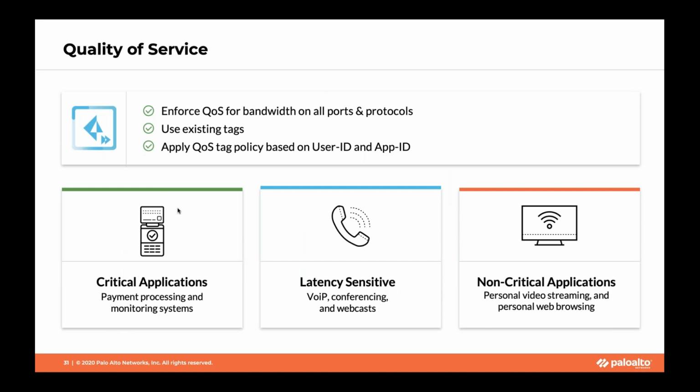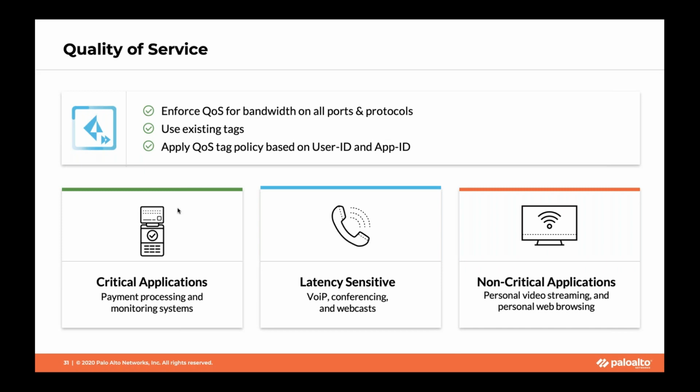Of course, we also have full inspection using Content-ID features, like threat prevention and so on. And then quality of service, which is also available. You can apply quality of service to your remote branch connections, but also to your data center. Like I said, we cannot do firewalling on a service connection to your data center, but on the other end, we still can do quality of service.